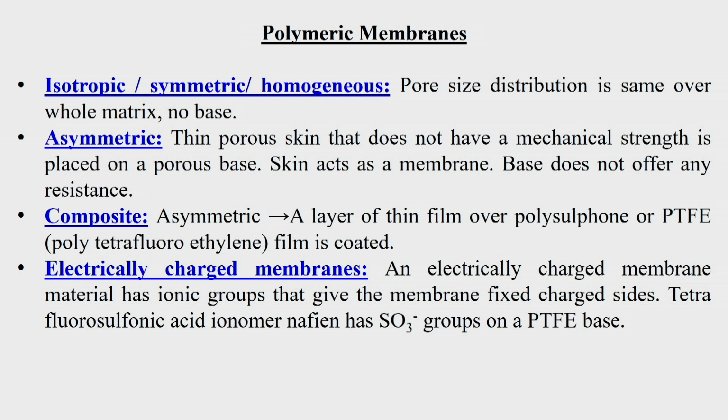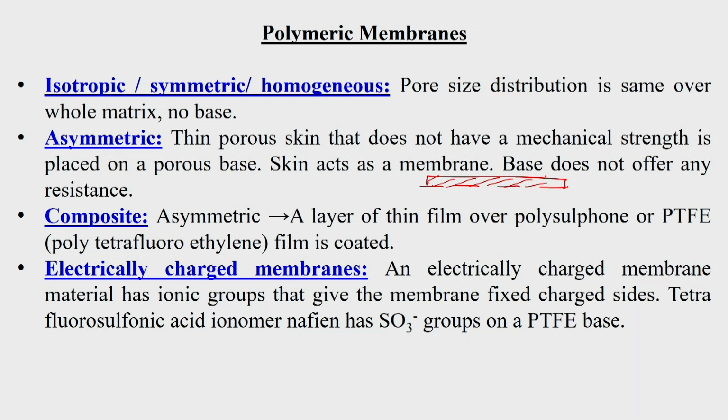Like the asymmetric membrane, where a thin porous skin that does not have mechanical strength is placed on a porous base. The skin acts like the membrane, and the base does not offer any resistance. The base is highly porous. If this is the base, then over this the skin is placed.